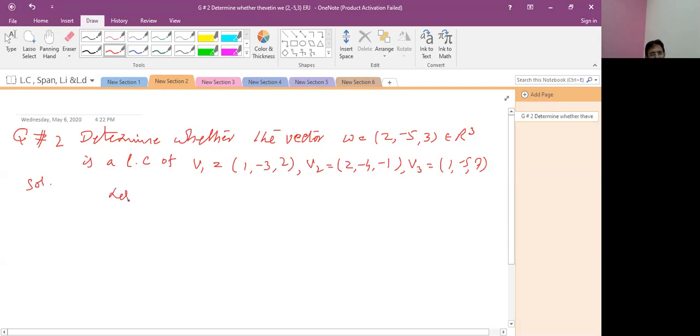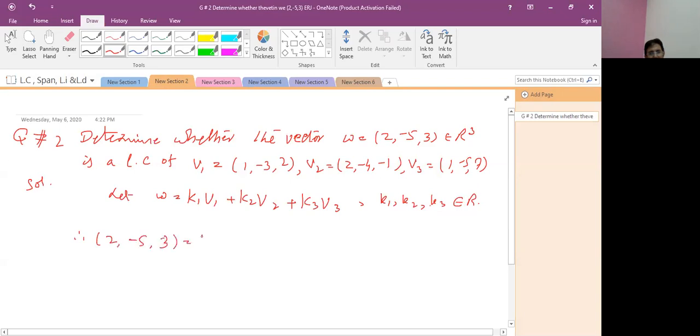So start from this: let W equal K1 V1 plus K2 V2 plus K3 V3, where K1, K2, K3 belong to R. These constant values belong to the real numbers, so that W is 2, minus 5, 3.